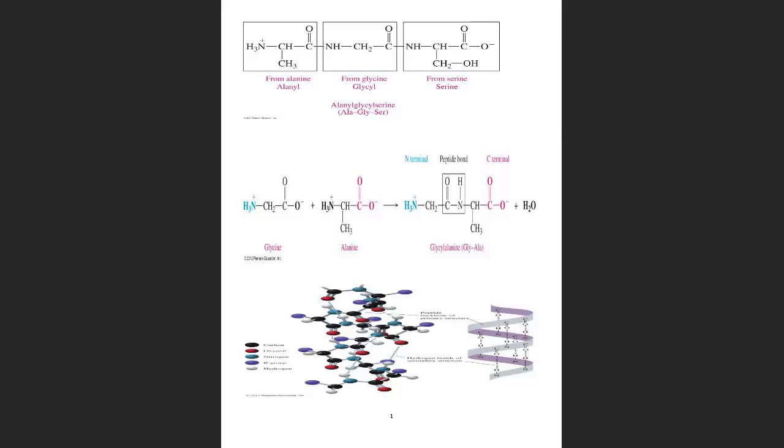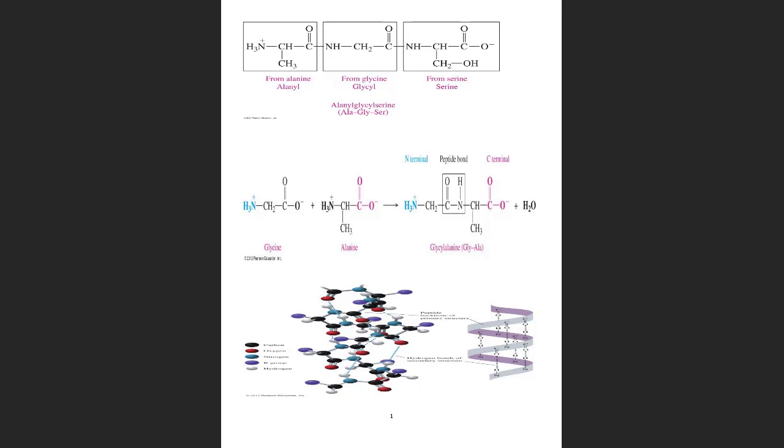So pay attention to this peptide. We have a bond between amino acids. The first comes from alanine, the second is glycine, and the last one is serine. And this is a tripeptide.